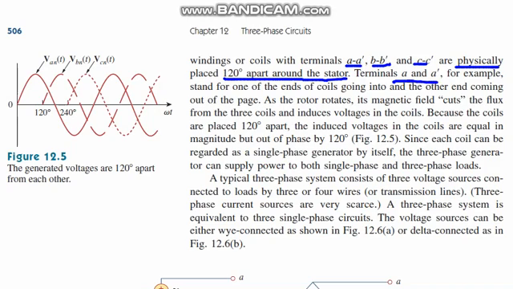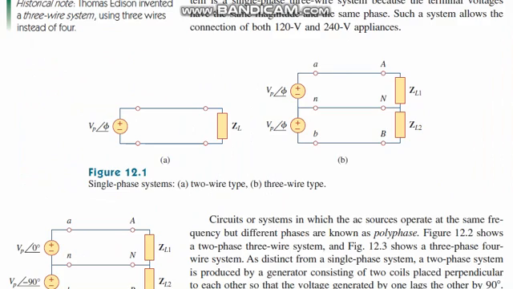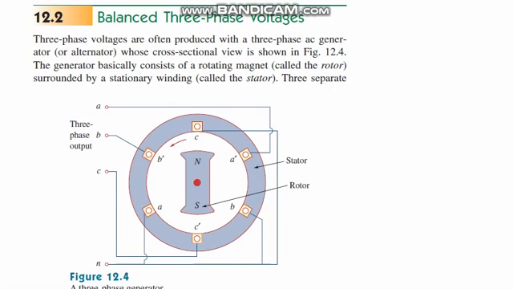Terminals A and A dash, for example, stand for one end of the coil going into the page and the other end coming out of the page. What is out of the page and what is going into the page? Let's understand it. Here you can see there is a C dash and there is a C. That is the C phase, and from this we get the C phase output with a neutral.